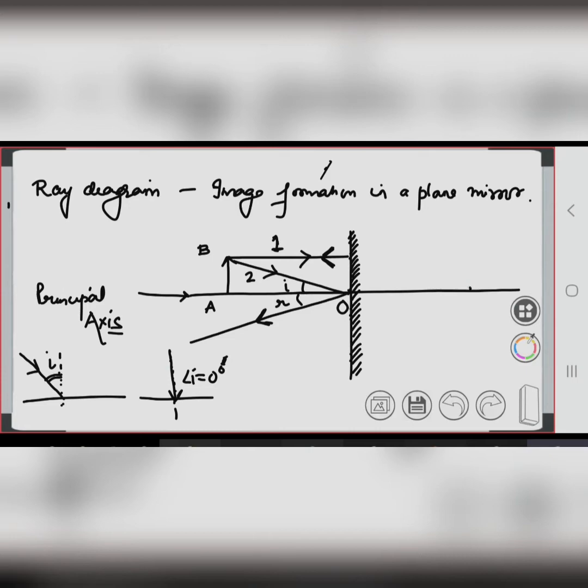So my question is, one ray is going straight backward, the other ray is the reflected ray of ray number 2. I am calling it R2. And let's call this R1, the reflected ray for ray 1. So would R1 and R2 ever meet in front of the mirror anywhere?